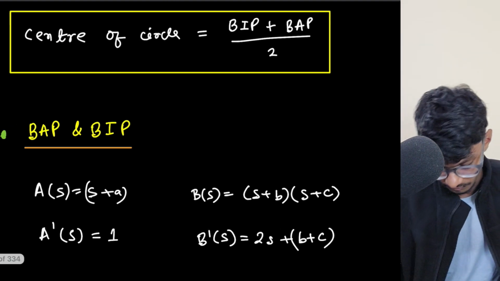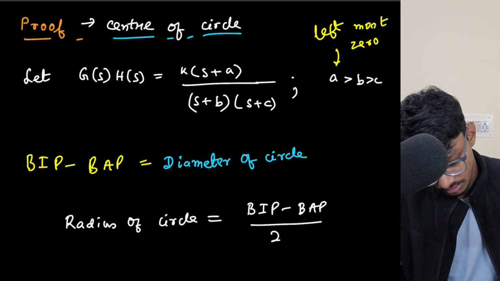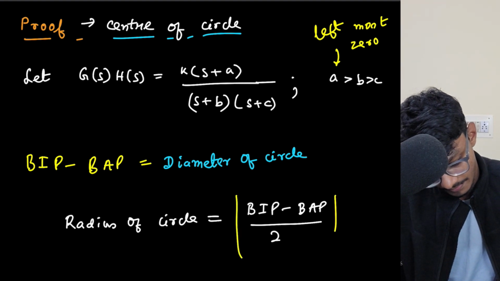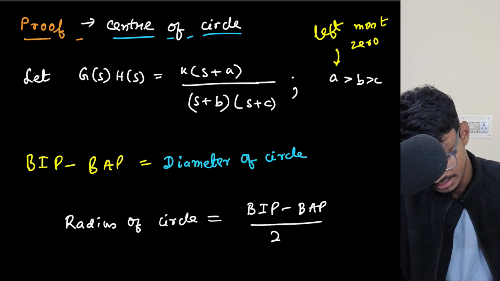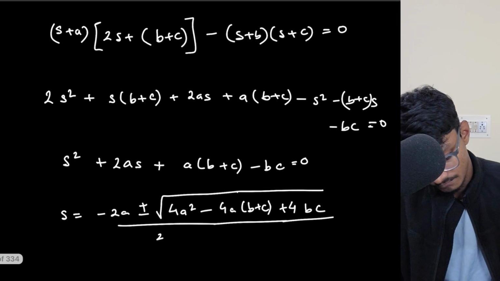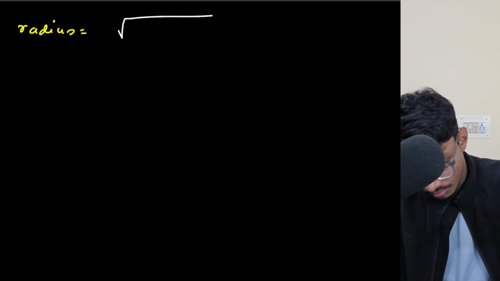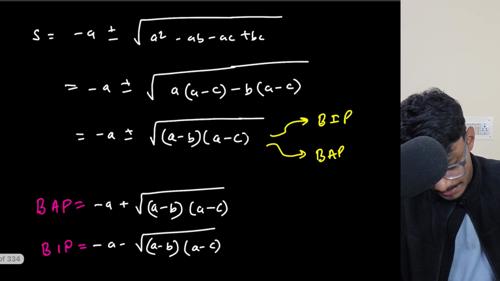So you will just take the mod of these two, because radius is a distance, can't be negative. So it will be simply under root a minus b into under root a minus c.